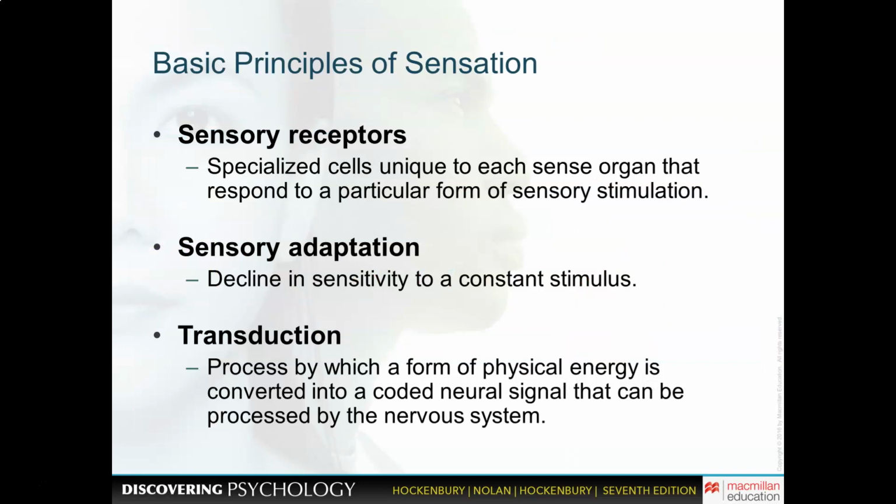There are a few important terms that you have to be familiar with, that are really important for this chapter. Number one, sensory receptors. Those are the special, unique cells of each sense organ that respond to a particular form of sensory stimulation.